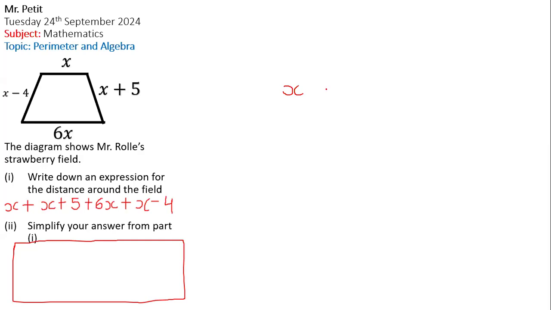So let's simplify this. We have x plus what? X plus 5. Mr. Petit, I already sent my answer in. You already put your answer in the chat. Plus 6x, plus x minus 4. And we want to simplify this expression.